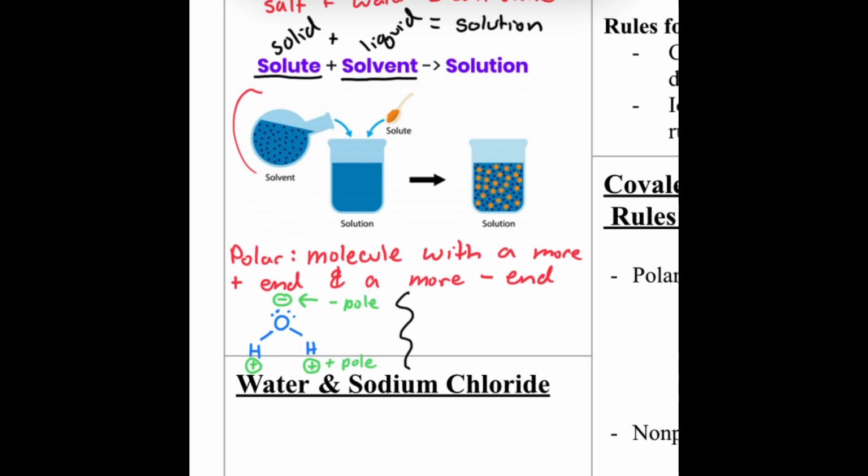Now we're going to contrast that really quickly with a non-polar molecule. So I'm just going to label this one polar, and then over on this side, we're going to have a non-polar. I'm just going to draw it for you. If we're thinking about the molecule CH4, or carbon tetrahydride, let's see the difference between this one and water.